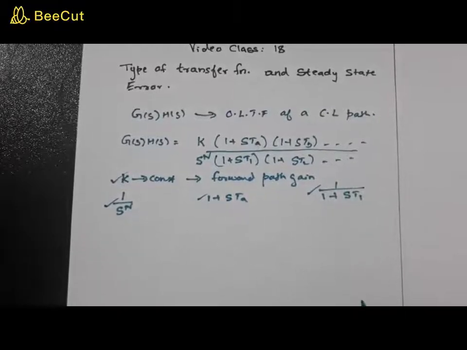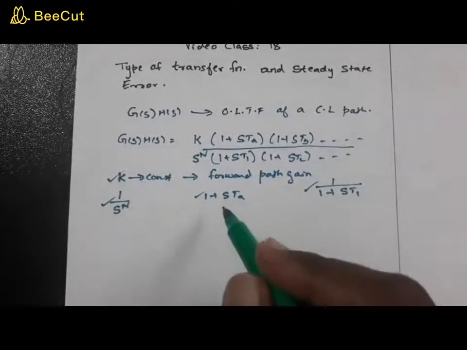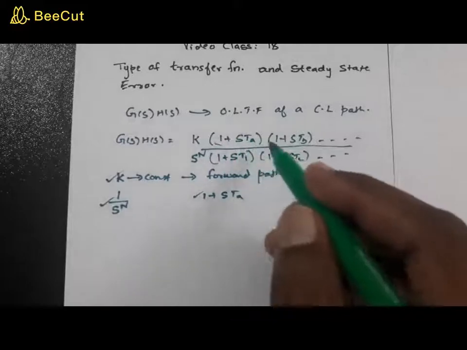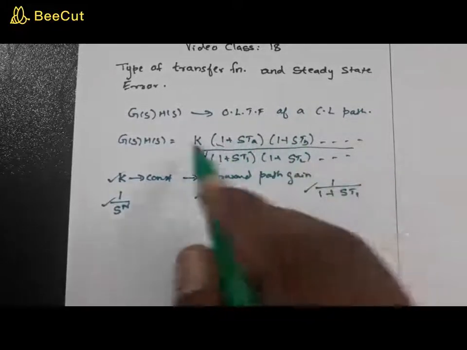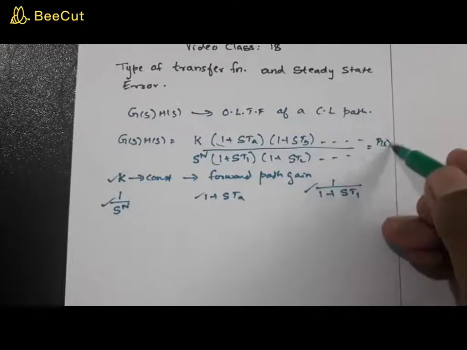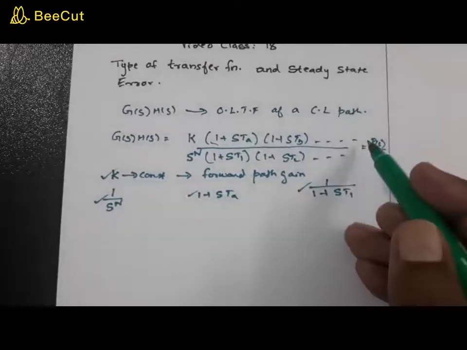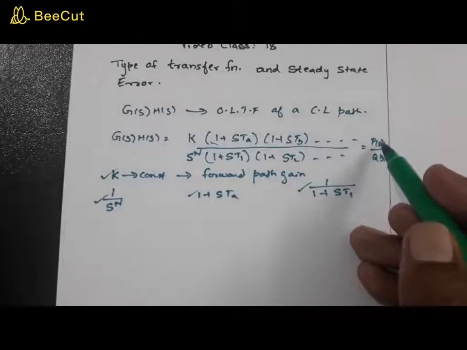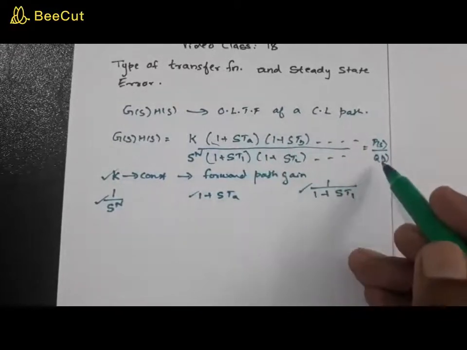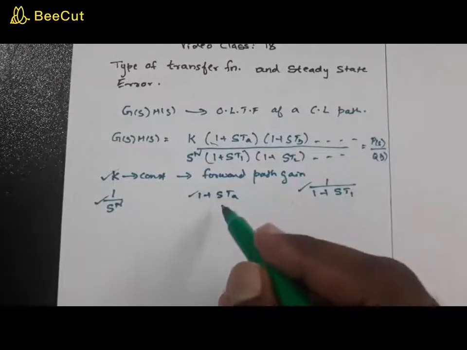Now, when you analyze this, this G(s)H(s) can also be called a ratio of polynomials, P(s) to Q(s). When you equate P(s) to 0, you will get zeros. When you equate Q(s) to 0, you will get poles.